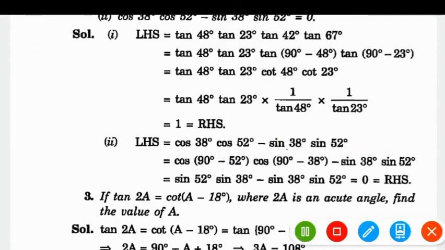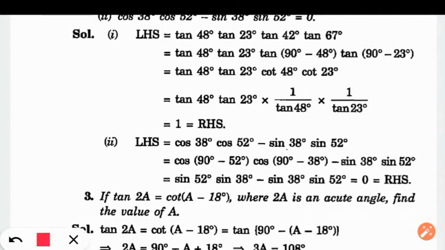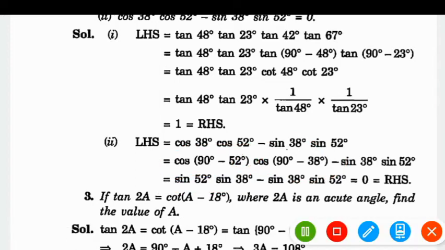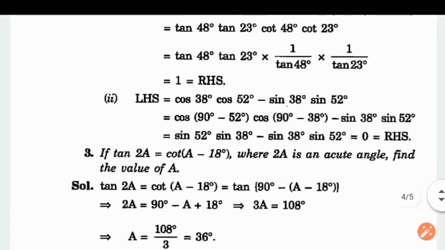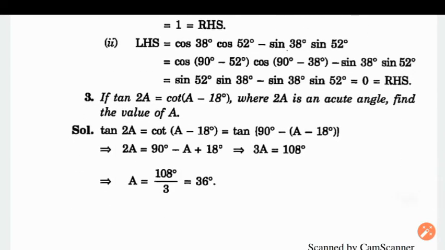So in place of 52 degree, can we write cos 90 degree minus 38 degree? In the next step, cos 90 degree minus theta gives you sin theta. Now see, both are the same, 0 equals RHS, proved.